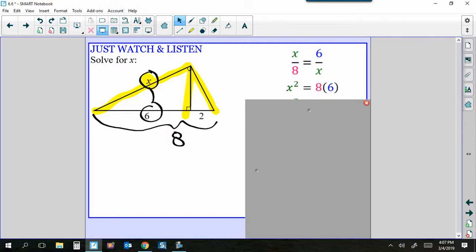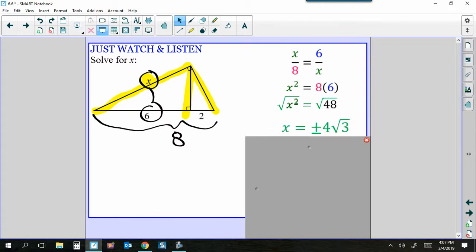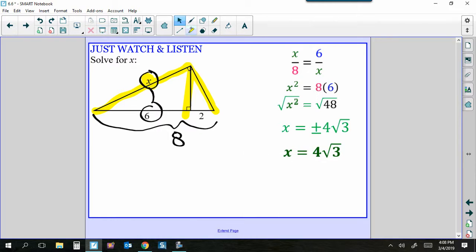To solve this from here, you are going to multiply the 8 times 6. From here, to solve x squared, you have to find the square root. Well, the square root of 48 does not work perfectly. It is going to simplify to plus or minus 4 square root 3, which, because we're talking about an actual length of something, remember, it's just going to be that 4 root 3. If you need a little refresher on how I got that, I'll do it on this one here. We're going to prime factor that 48.